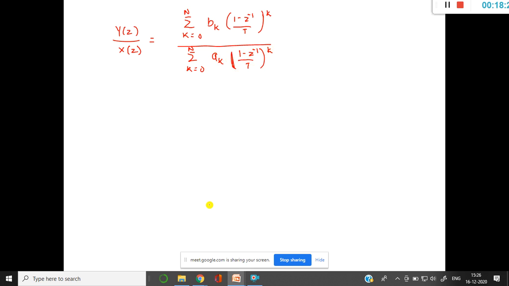So this is what the equation is, let me call this as equation number 6. What is this? This is nothing but H of z.